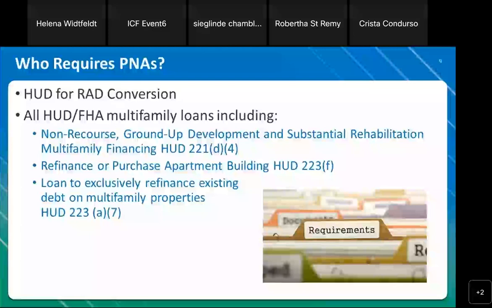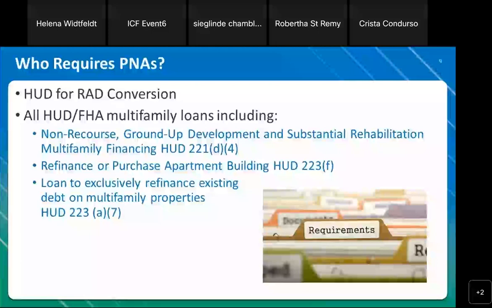There may have been some of these types in there, and now we may be converting them and doing something different, maybe a RAD conversion through PBV or PBRA. And so these particular tools are attractive if you're potentially unable to have a tax credit deal, so to speak.